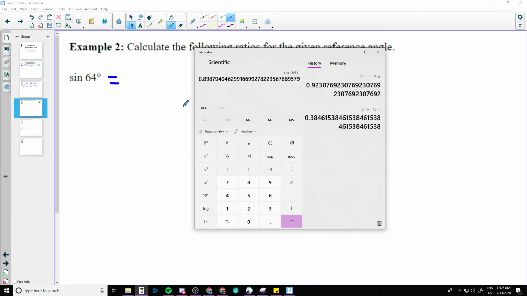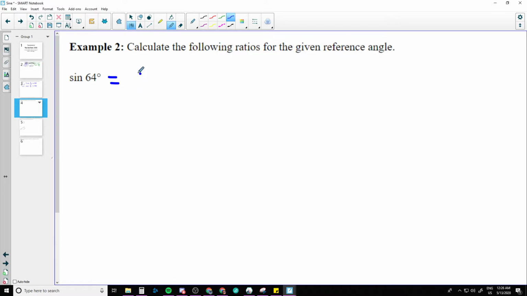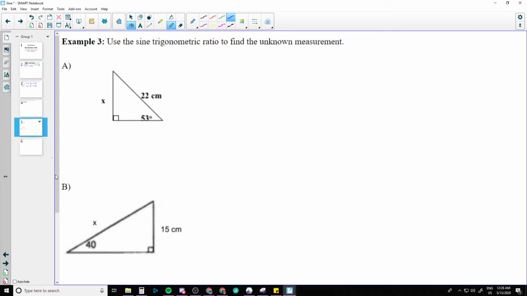The sine, and we can do it to 4 decimal places just like last time, is going to be 0.8988. Okay. If your calculator has a fraction button, you'll be able to turn that into a fraction. And now we'll move on to using the ratio to solve for a side.